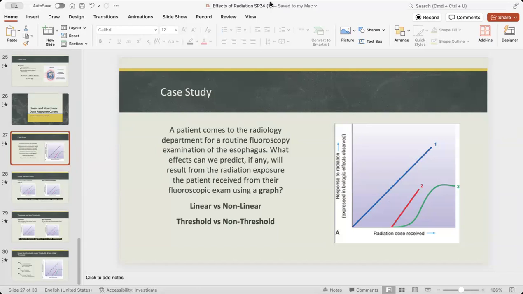If the patient comes in for a routine exam, are there any effects that may result that we will see? Any takers?